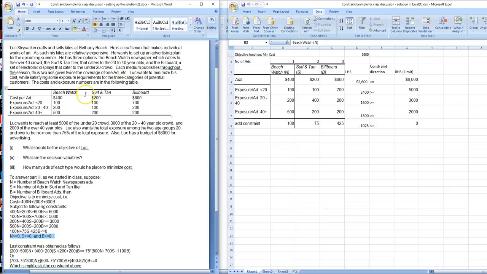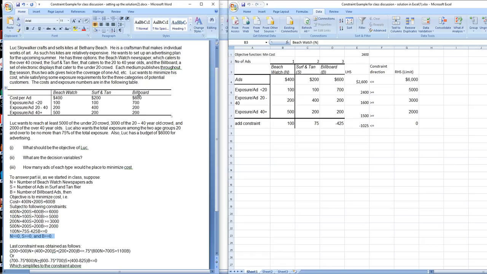As you know, he has 3 places to advertise: Beach Watch newspaper, Surf and Tan, and billboards.